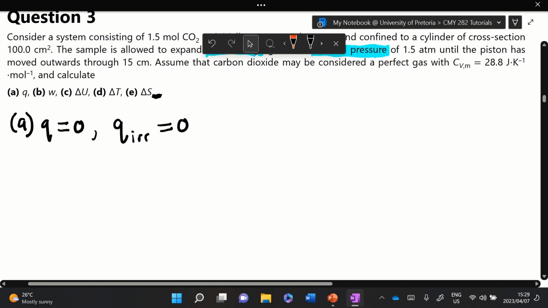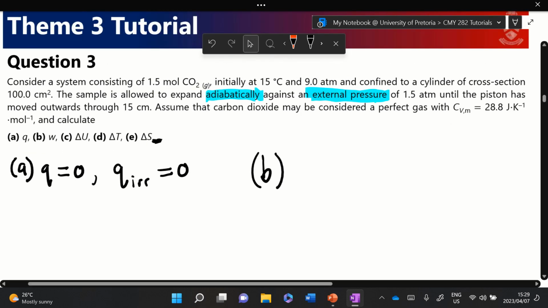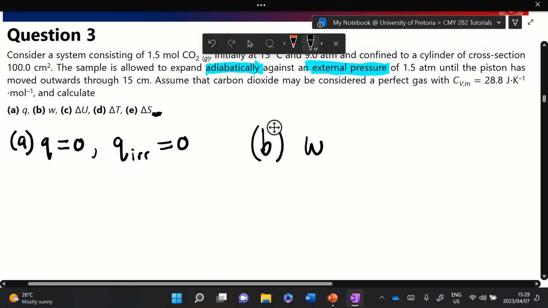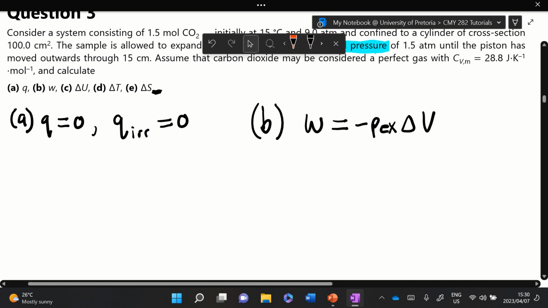Then for B, for the work, how do we calculate the work? Well, it's an irreversible process, so we normally use P external delta V, right? P external delta V is what we use to calculate that.